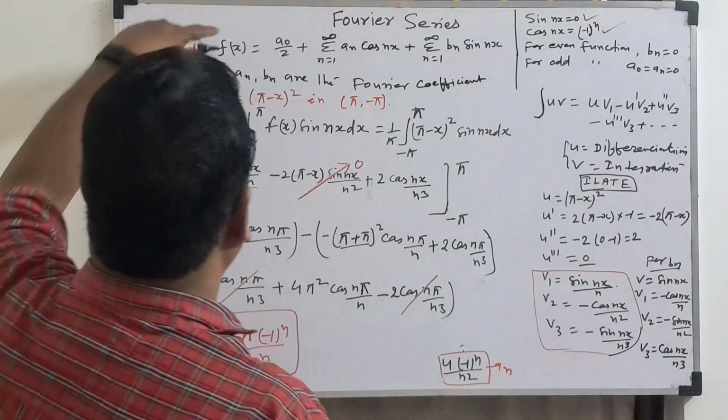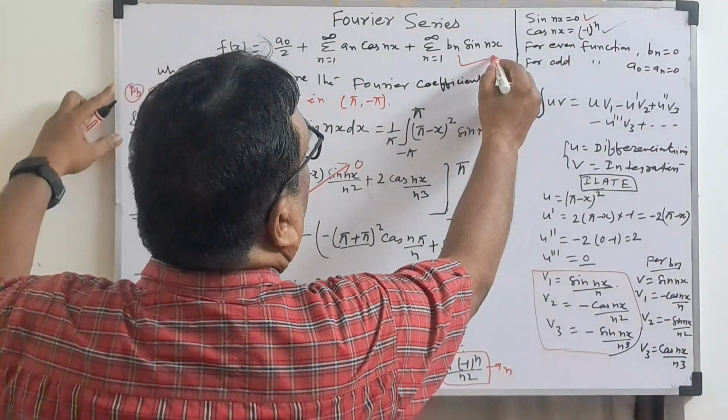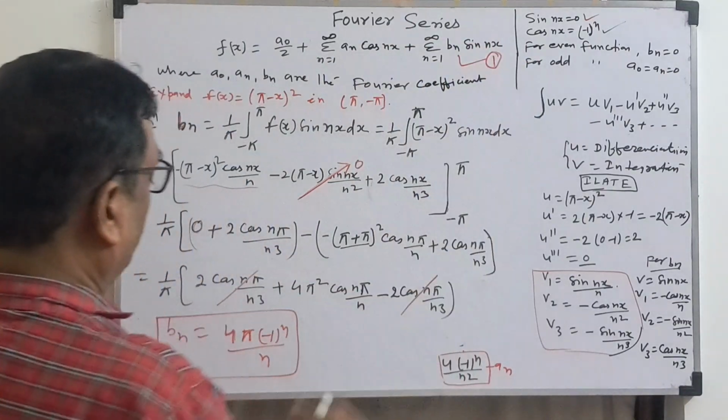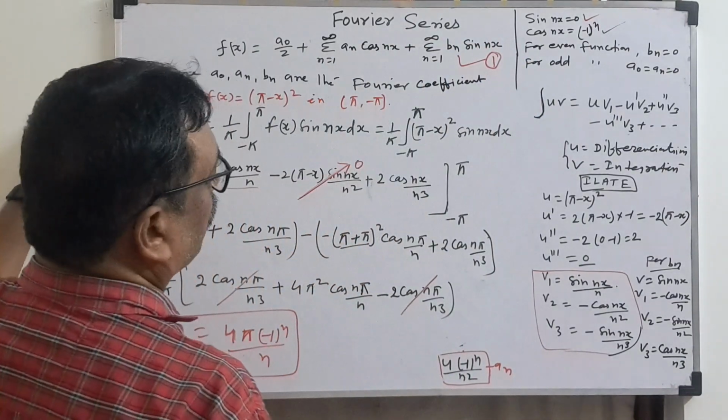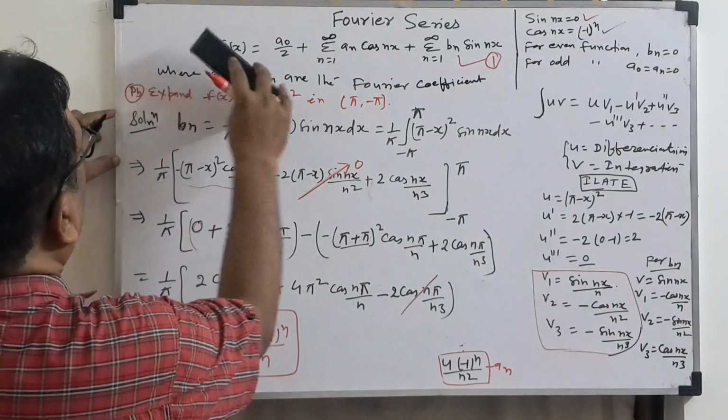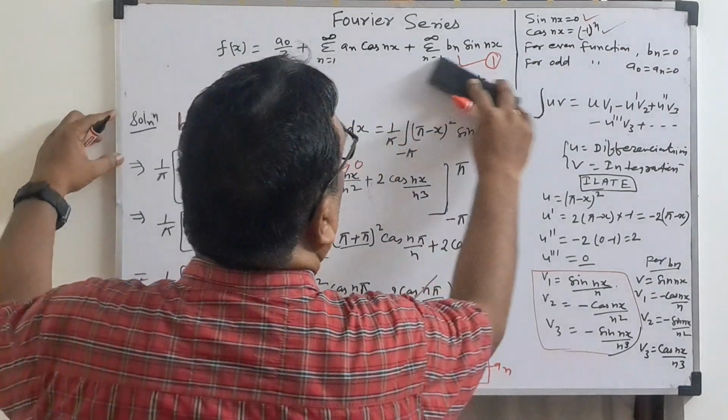Now what we'll do? Substitute in this equation number 1, you will get the answer. If we substitute a0, an and bn, I will rub these problems and substitute here itself.